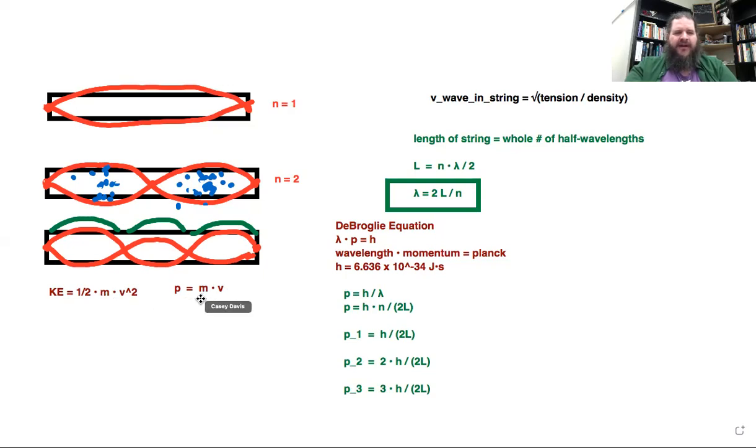But if we want to relate these together, can you combine these to get an equation for kinetic energy in terms of momentum that doesn't care about speed at all? Is there any way you can modify one of these formulas to make it look like part of the other?